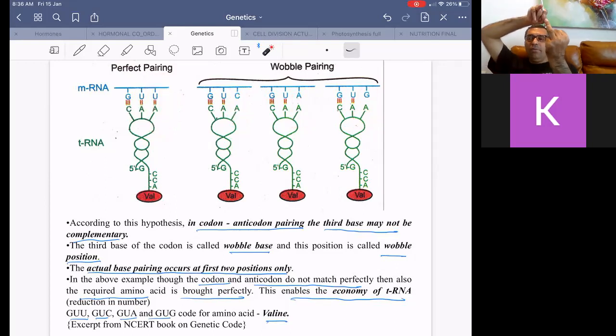But if it is not specific, then the third pair will not form hydrogen bonds. Rather, क्या होगा? First nucleotide, यहां देखना, first nucleotide, second nucleotide के बीच में hydrogen bonds बन जाएंगे.